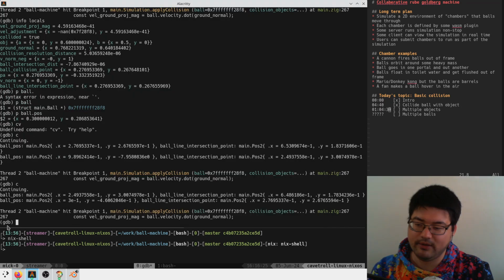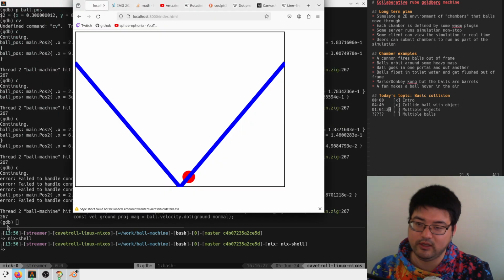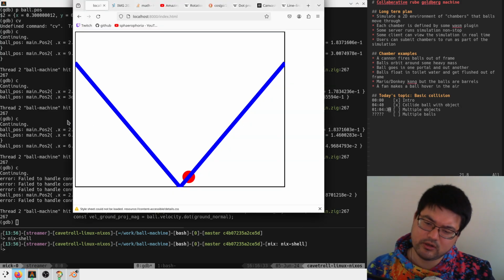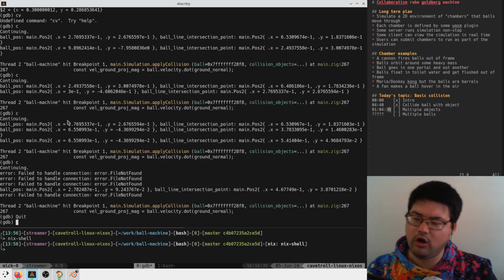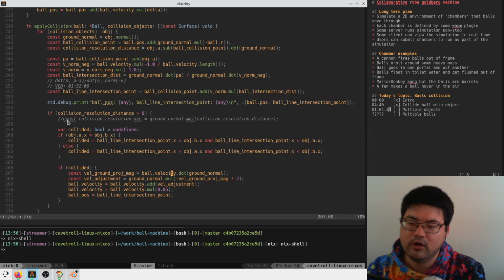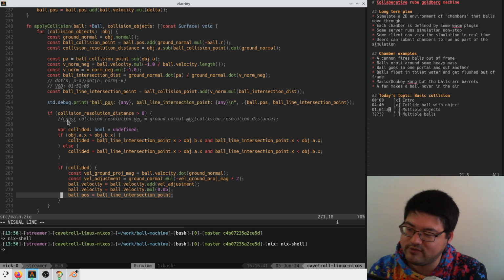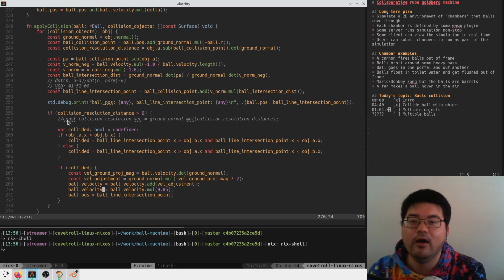Okay, how many times can I hit continue? Okay, so there we did something, it went at a rapid pace. I wonder if the first, oh, fuck me. Wait, the ball line intersection point is for the bottom left of the ball. And we're setting the center of the ball to that place. Fuck me, man.